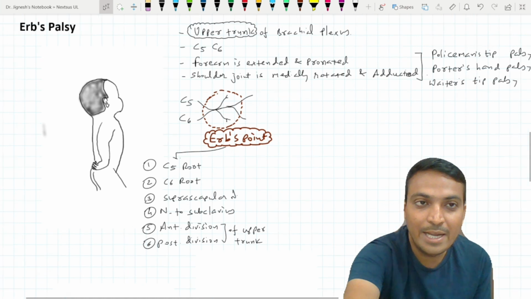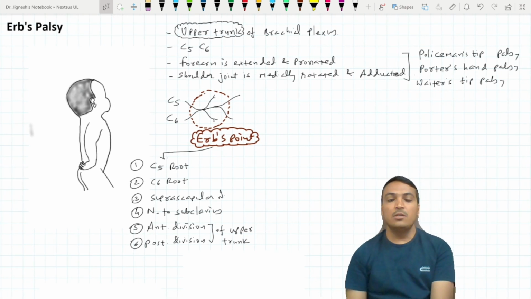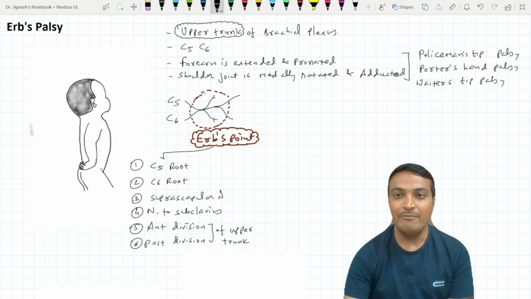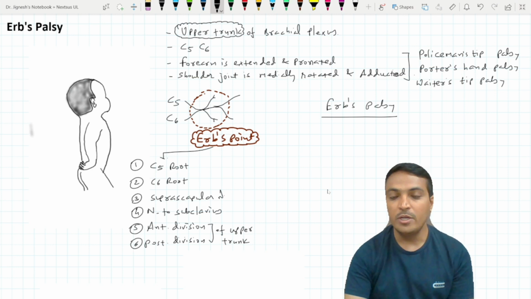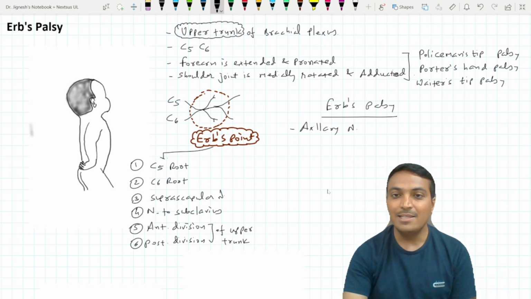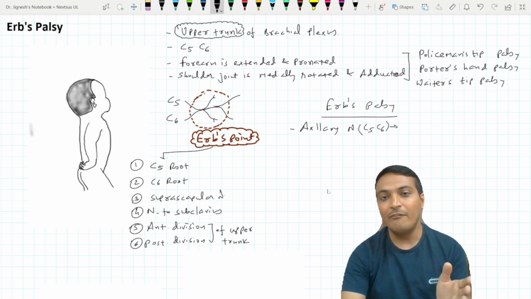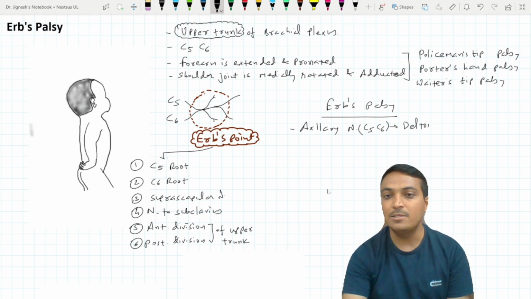Now let's see the clinical correlation of the Erb's palsy with the symptoms. We have seen that in the Erb's palsy, the shoulder joint is adducted and medially rotated. The axillary nerve, having root value of C5 and C6, is affected when there is injury to this Erb's point, and with the affection of the axillary nerve, the deltoid muscle gets paralyzed.